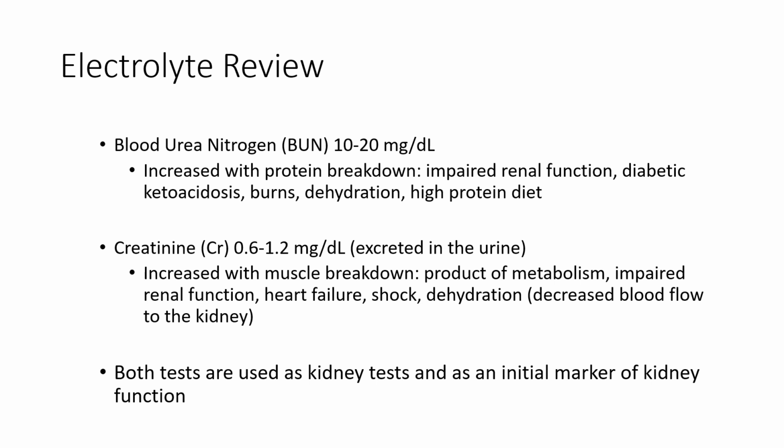It's going to consume all its sugars, the stored glycogen in the liver, and then it's going to start to break down fats, and then it's going to start to break down proteins in the body. So if you have increased protein breakdown, you will have an elevated BUN as well. So think of BUN and creatinine as kidney markers, but other conditions can cause them to be elevated.